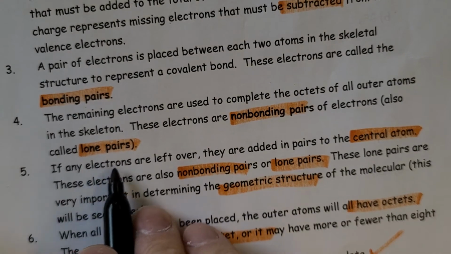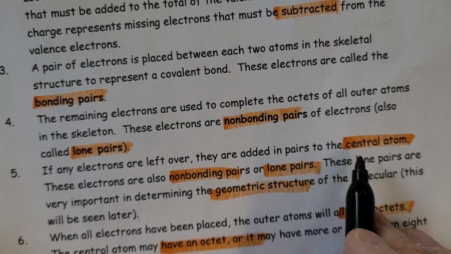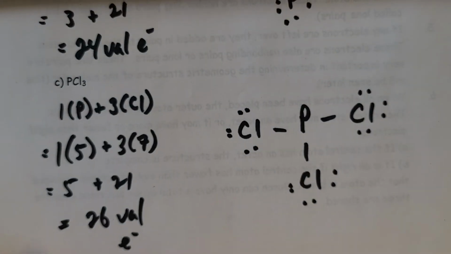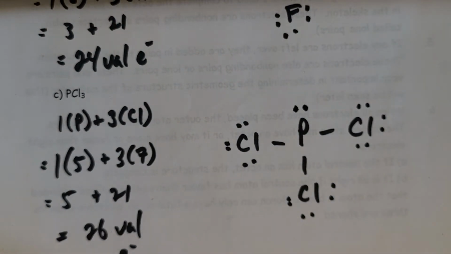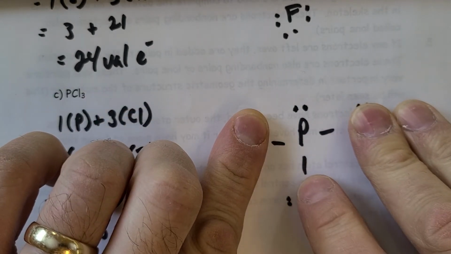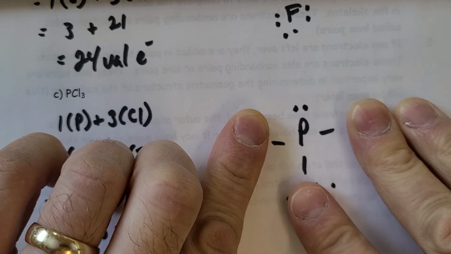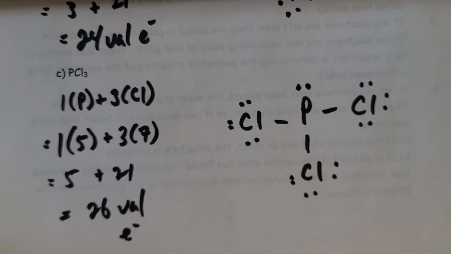Any electrons left over after the outer elements, that pair is added to the central atom. So the extra pair that's left over gets added there. And then if we count it up, look at what phosphorus has. 2, 4, 6, 8. So everything has an octet. So that's considered to be the structure for PCl3.